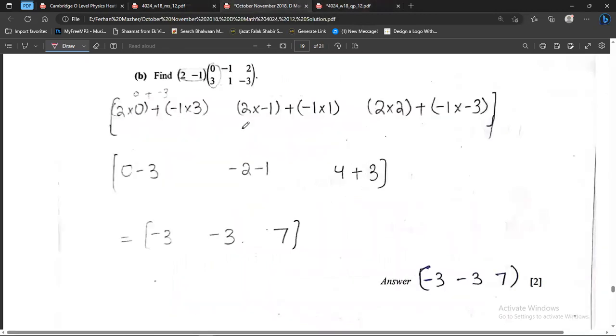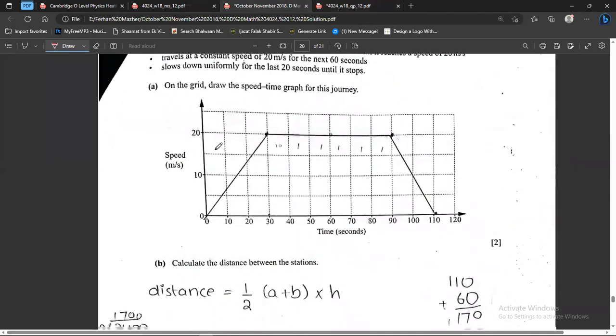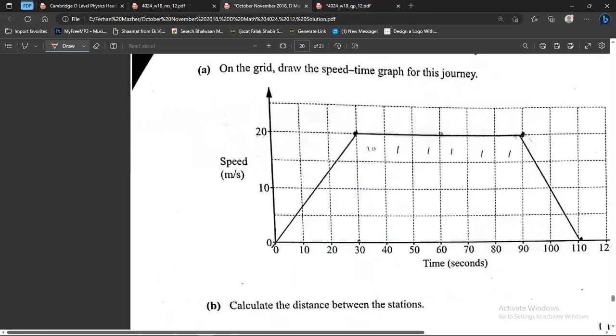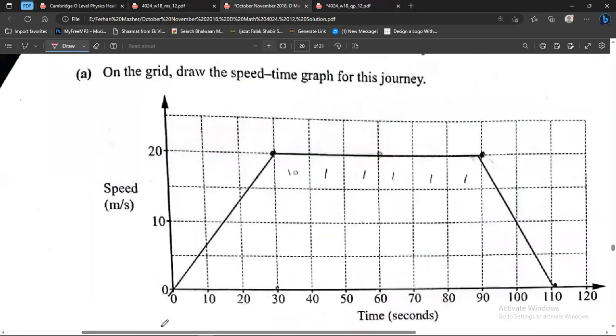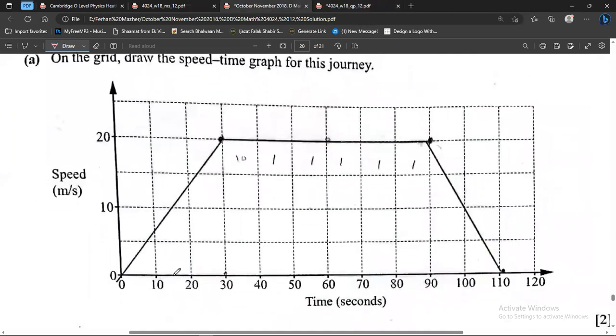This is how you draw this graph. It's a speed time graph. So they ask us to draw the speed time graph, and this is how you will draw the speed time graph. So on your screen, the speed time graph is showing up.